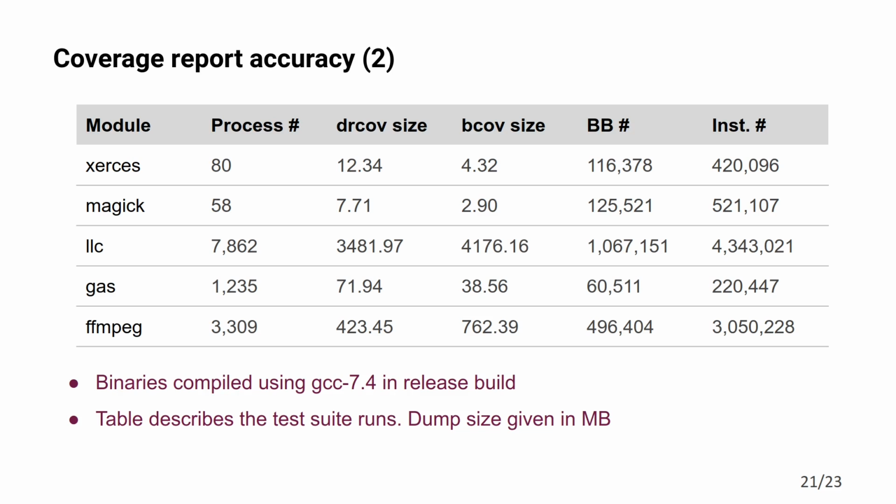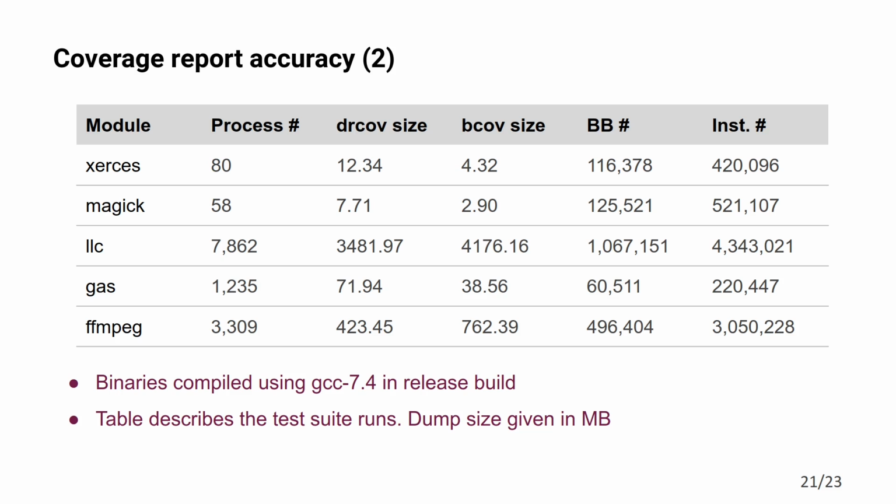We first describe the subjects used in this experiment. They are compiled using GCC7 in a release build. The table shows only the subjects that drcov managed to run successfully. We also show the number of processes spawned during testing.